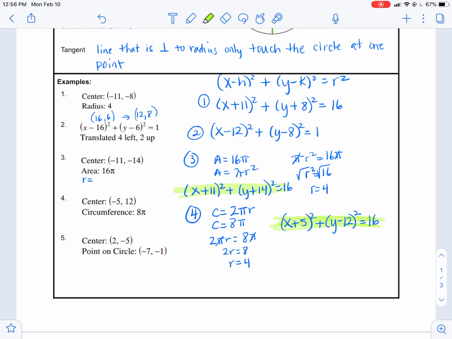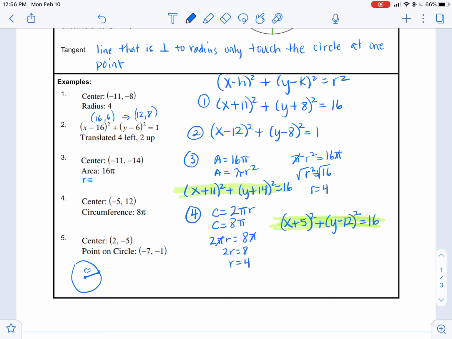There's my answers. Okay, now the last one is this time we are given the center and a point on the circle. Okay, so just an example, here's what we're looking at. We're given this and a point here. So I'm going to need to do the distance formula in order to calculate out my radius.